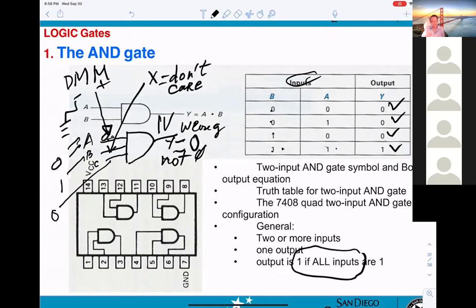Teach you how we design the circuit. I'm giving you an example here: the upstairs, the downstairs, and the light.